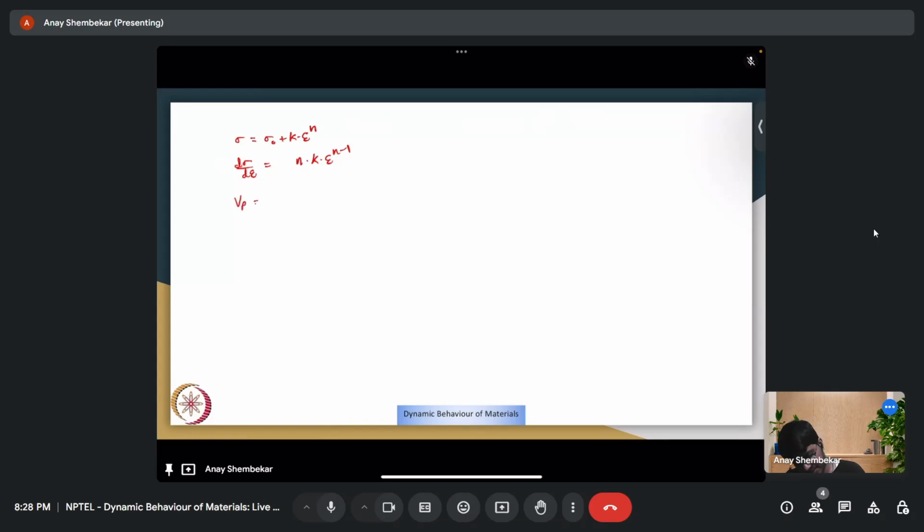So Vp is the root of dσ/dε upon rho naught, which is the square root of n k epsilon raised to n minus 1 upon rho. Okay, so this is how it will look for a work hardening material.